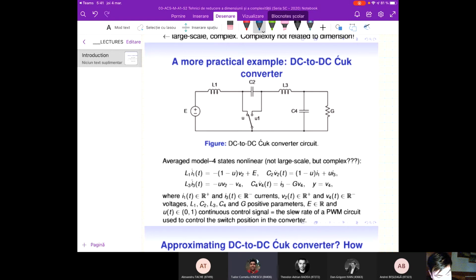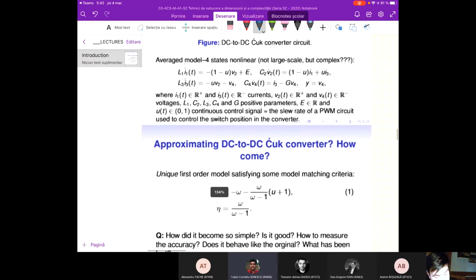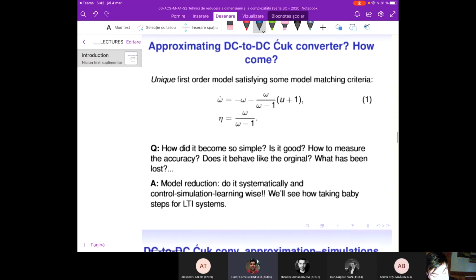E is a real number, and u(t) is a control signal between 0 and 1, with a physical meaning: it is the so-called slew rate of a PWM circuit that controls the switch position of the converter. So it contains another circuit yielding this continuous control input between 0 and 1.